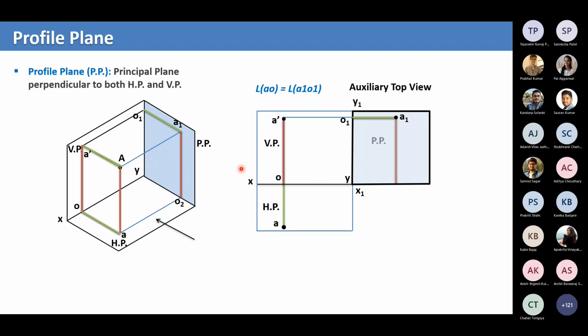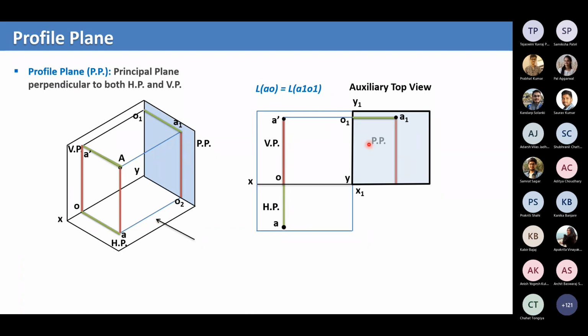This is color coded also. If you have any doubts what dimension is to be taken, then you can always refer to this diagram. We have spoken that this is the height of the point and this is the breadth or width of the point.